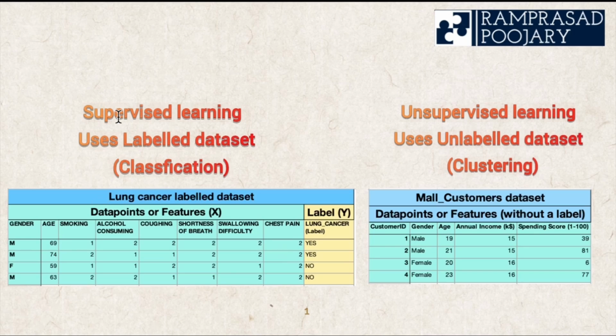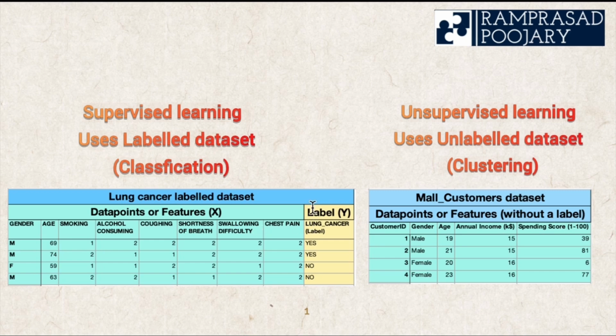One of the factors which distinguishes supervised learning and unsupervised learning is the type of data set which is used. In this slide, you can find two different types of data sets. Both are tabular data, but one of them is a labeled data set and the other one is a data set without any label.